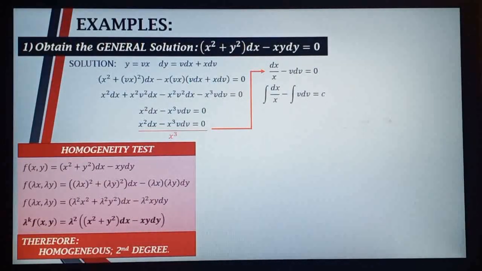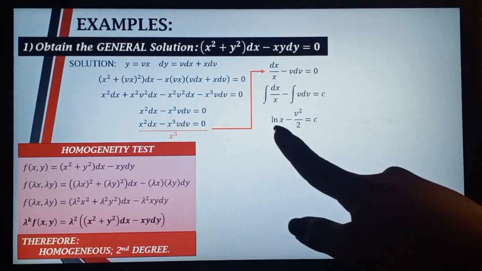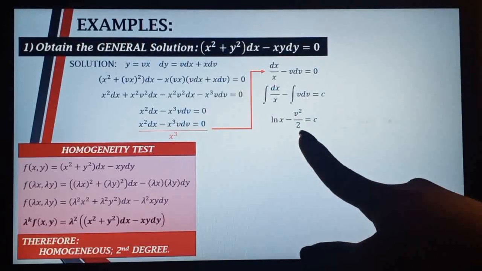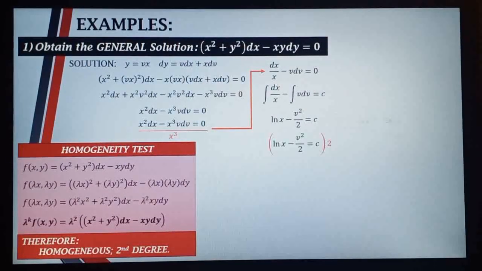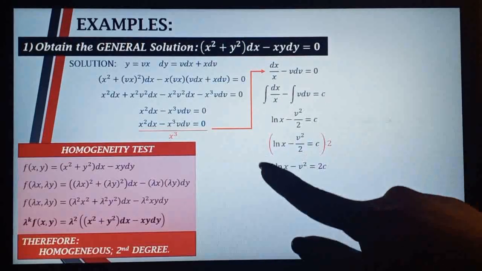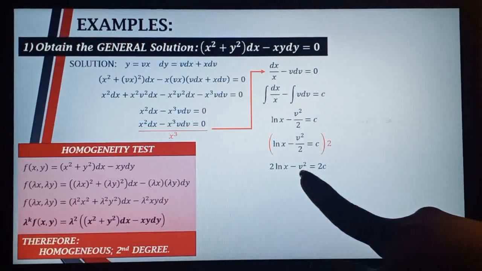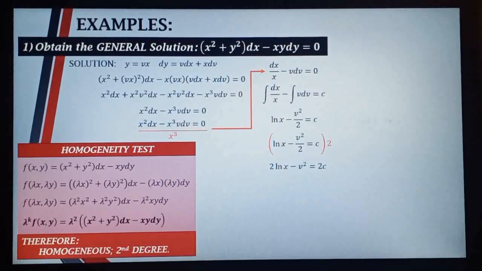You will now have the integral of dx over x minus the integral of v dv. Then the integral of 0 is the arbitrary constant c. So the integral of dx over x is ln x. Then the integral of v dv is v squared over 2. So simplifying the equation by multiplying the whole equation by 2, you will now have 2 ln of x minus, cancel out si 2, you will have v squared equated to 2c.